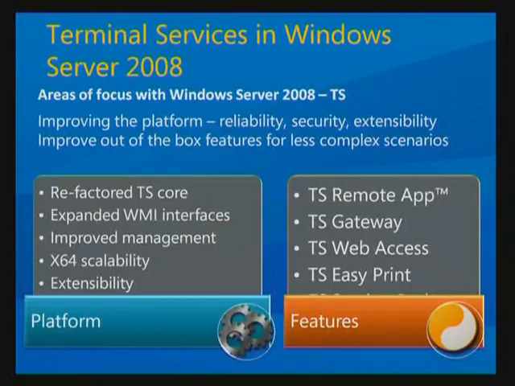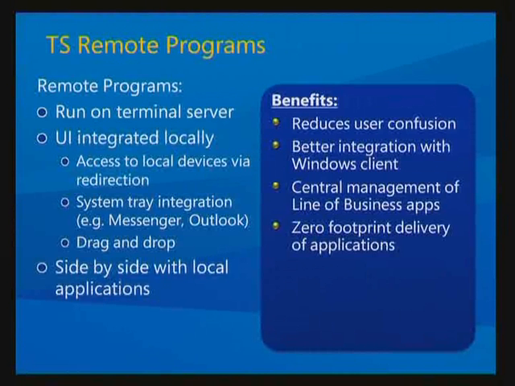And TS Easy Print. TS Easy Print is a print subsystem designed so you no longer have to install print drivers on the terminal server. And we're going to talk about each of these. And the one that's missing at the bottom there for some reason is the terminal server session broker, and we'll talk about that.